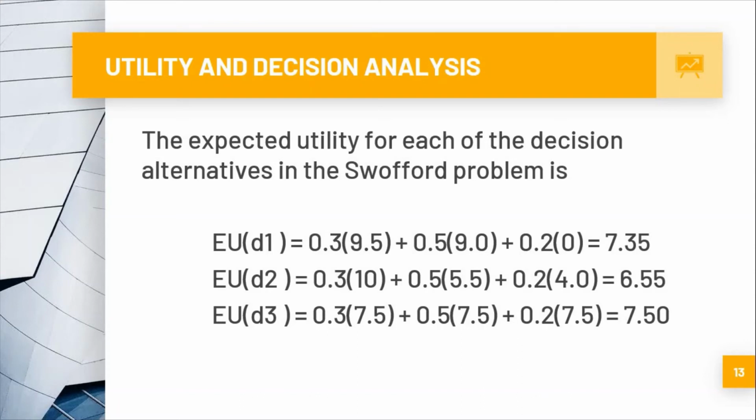Take note that the optimal decision using the expected utility approach is D3, or do not invest. From the viewpoint of risk avoiders, those people who want to avoid risk as much as possible, they will most likely pick D3 because they don't need to risk their money.